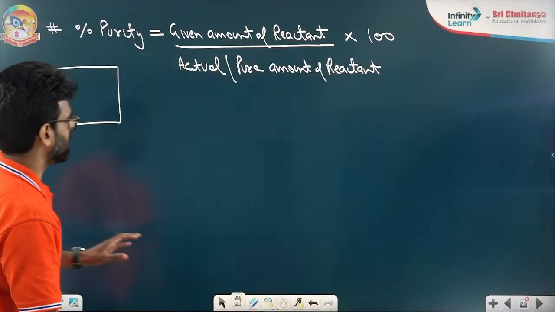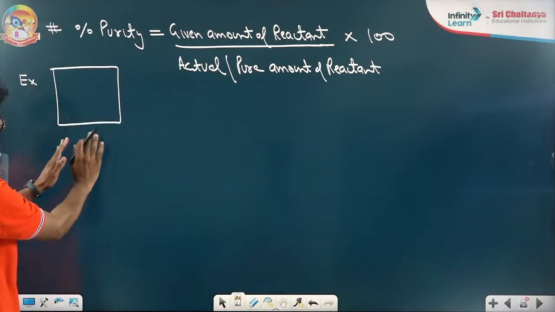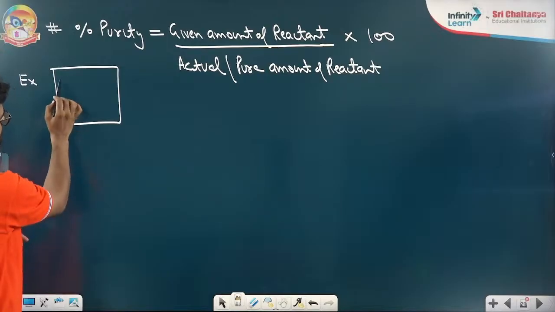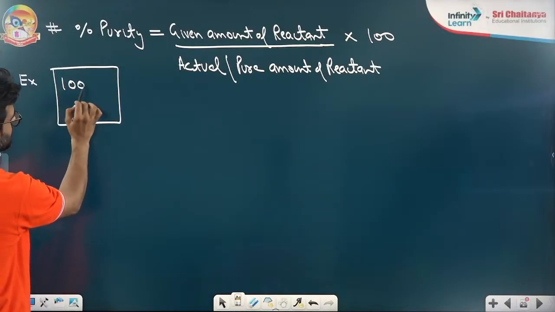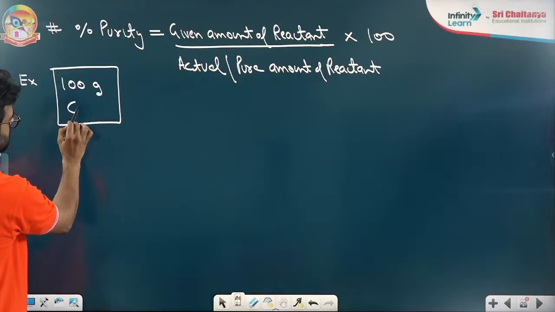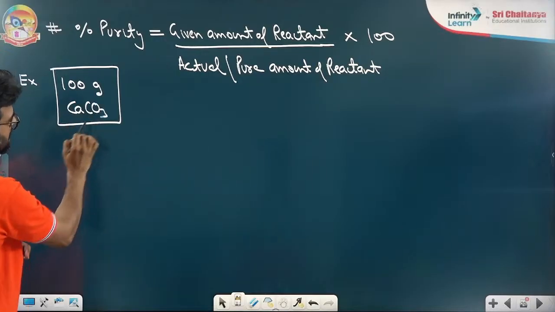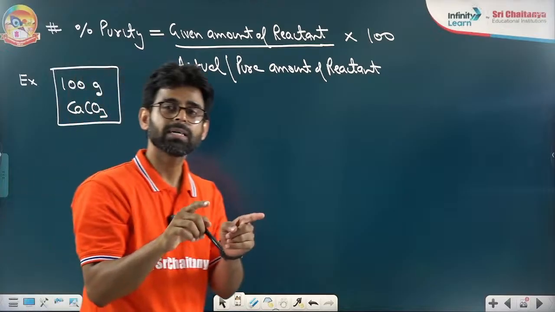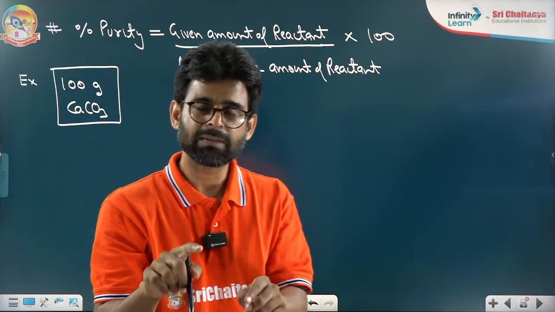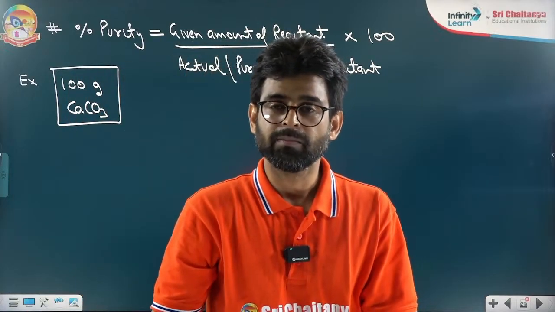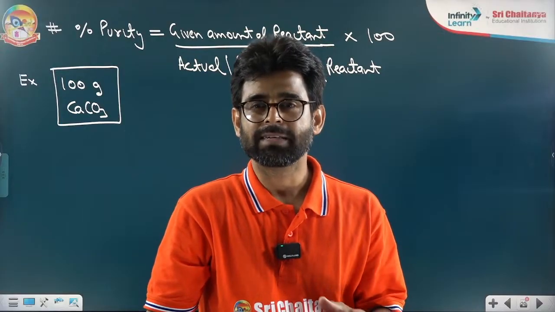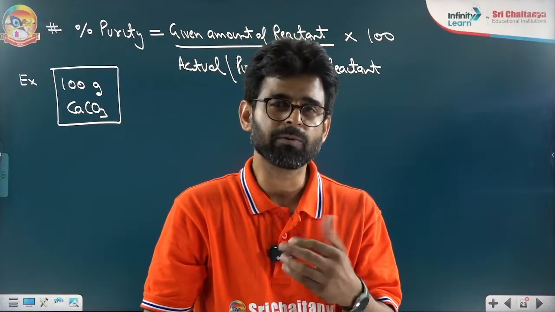So you bring a packet. Imagine you bring a packet of CaCO3 and on the packet it is written very clearly 100 gram CaCO3. Right? On the packet it is written that you are buying 100 gram of CaCO3. But you know today's situation, whatever you buy from the market, some impurities will come in that.